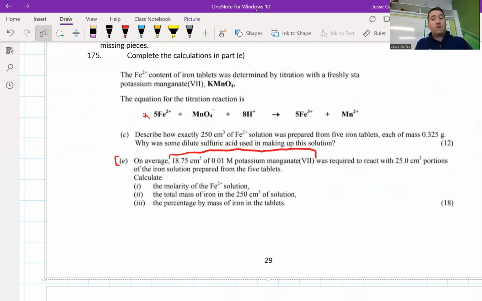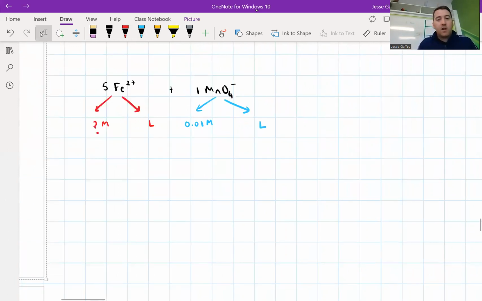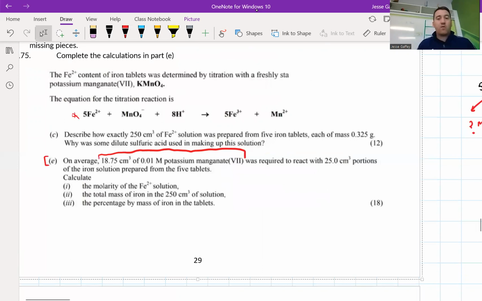So most of us know how to do that at this stage. There are 1,000 centimeters cubed in a liter, so convert from centimeters cubed to liters. Pause the video, do that now. Okay, so the number is 18.75, so what you should have got is 0.01875 liters.